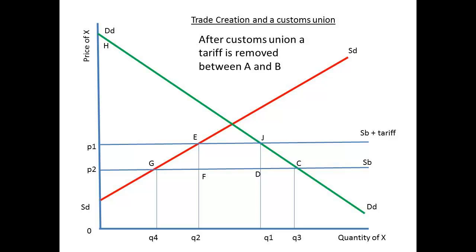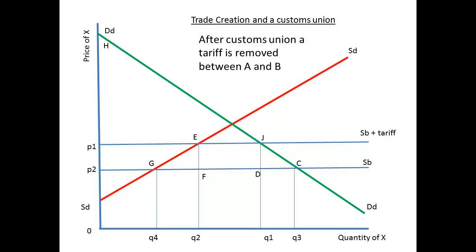After the customs union is formed, the tariff is removed and the price now falls to P2. The quantity of good consumed rises to Q3, an increase of Q3 minus Q1. The quantity of the good produced by domestic supply falls from Q2 to Q4, a loss of Q2 minus Q4.